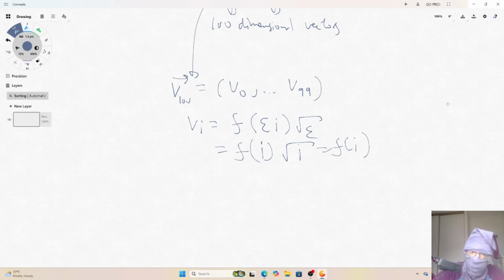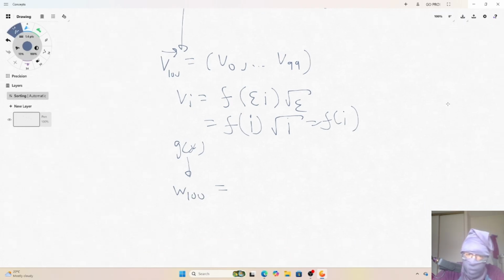The same for extracting a 100-dimensional vector from that function.